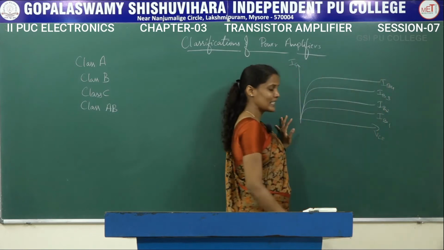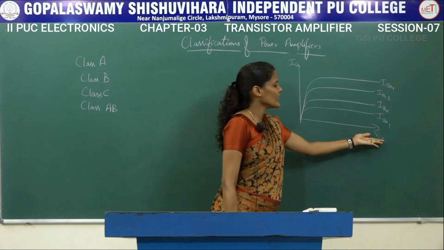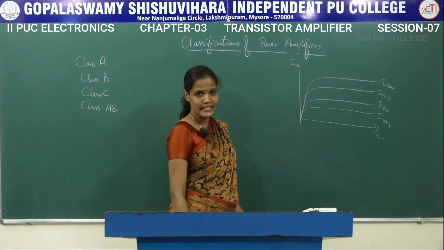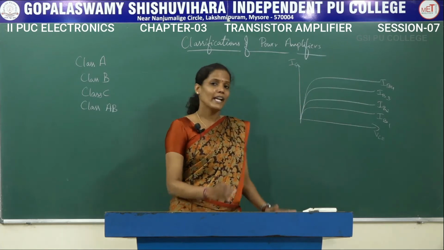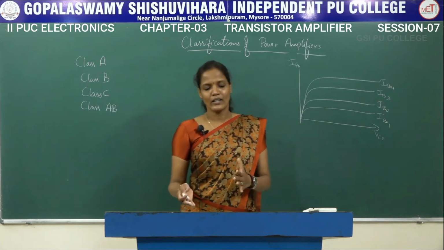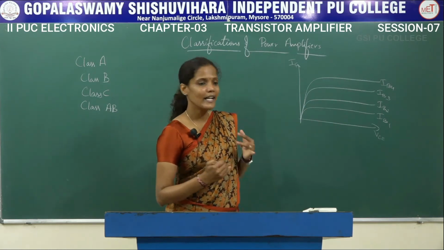In this particular characteristics curve, we will be having 3 different regions. One is called the cutoff region, the saturation region, and the other one is the active region.